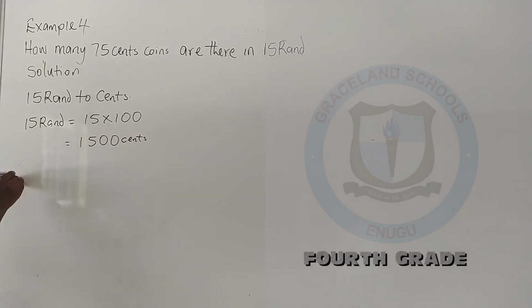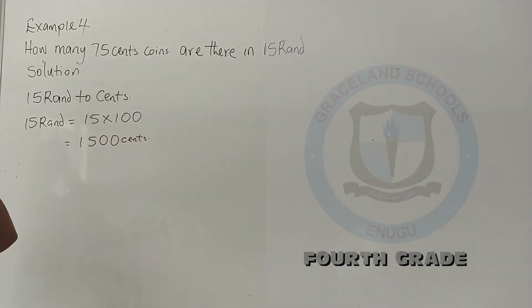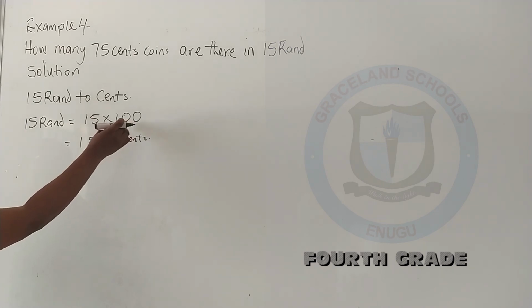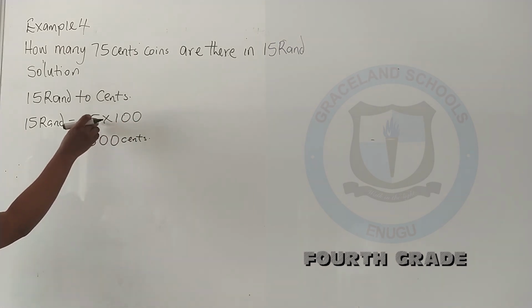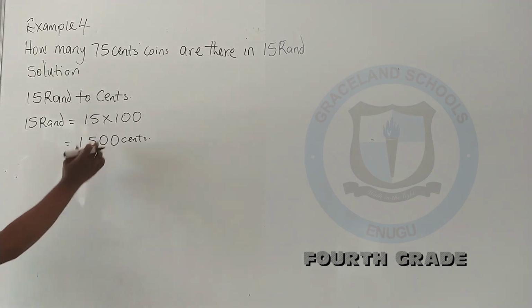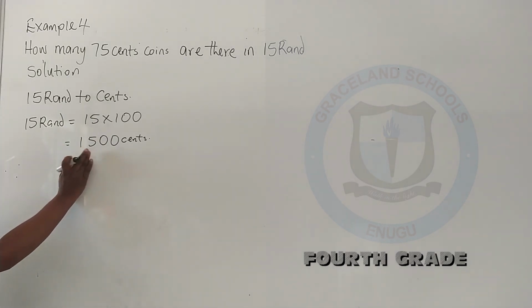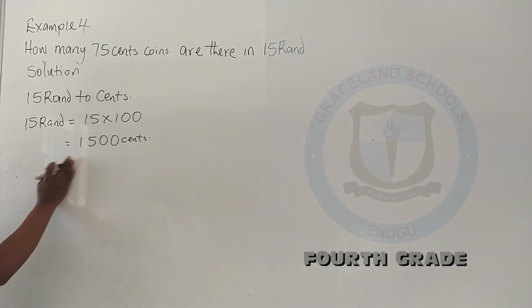Therefore, 15 times 100, just count the number of zeros, attach it to 15, you have multiplied. Because 1 times the same number is still that number. That's why we got this 1,500.